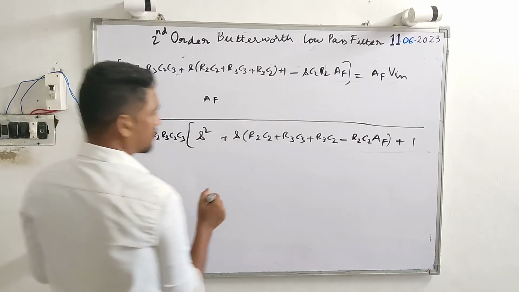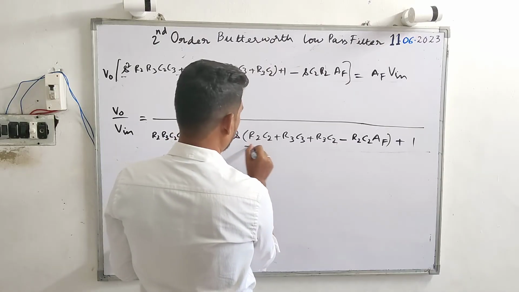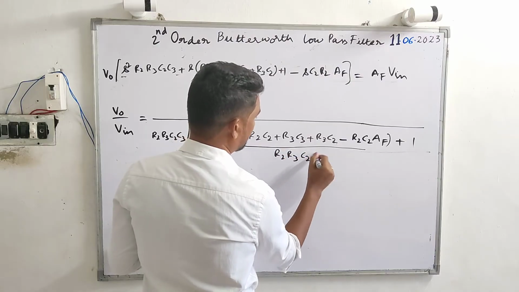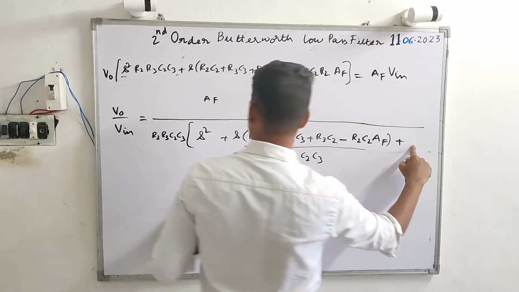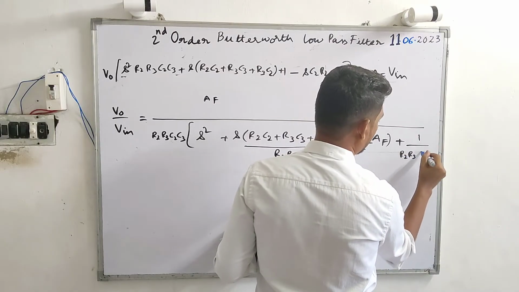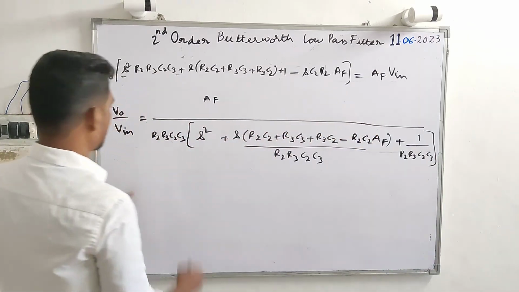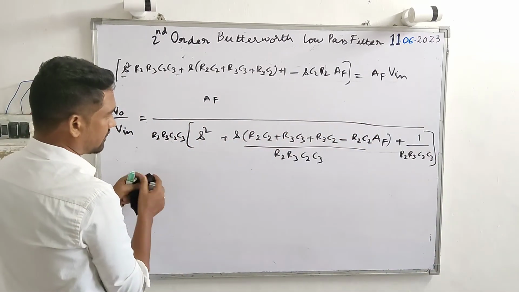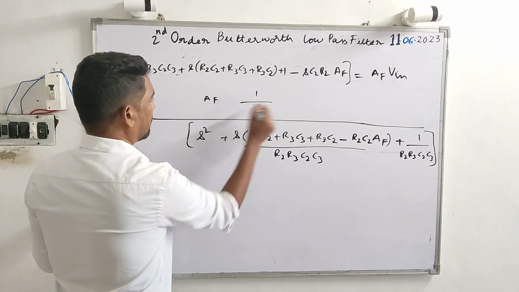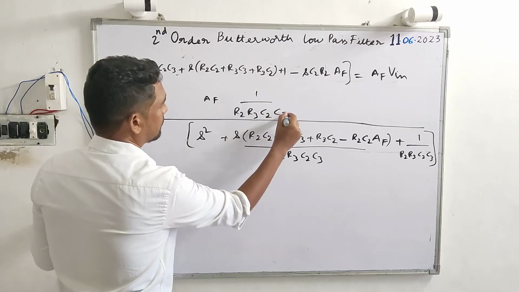S square alone is left over, and here we have that R2, R3, C2, C3, and even for this one we have 1 upon R2, R3, C2, C3 inside, close the braces. All right, so in a sense this can be rewritten for 1 upon R2, R3, C2, C3.